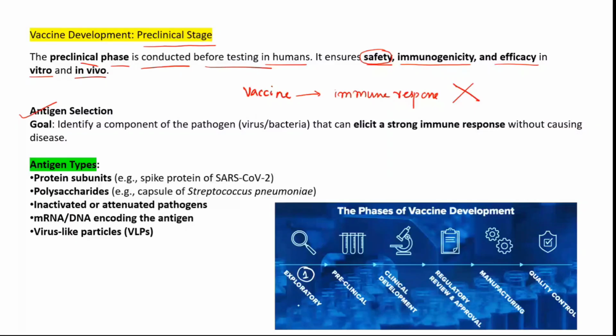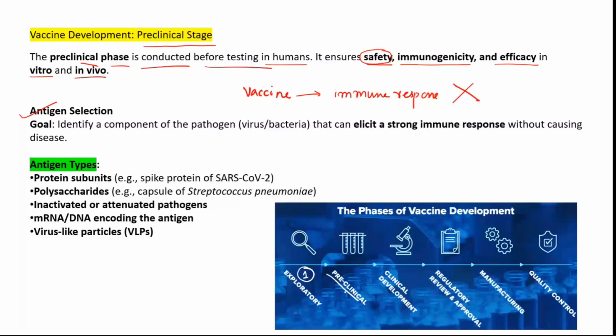People try to find out whether it is herbal, inorganic, organic, doesn't matter, there is an item or substance which provides increased immunogenicity. So we start analyzing it preclinically.